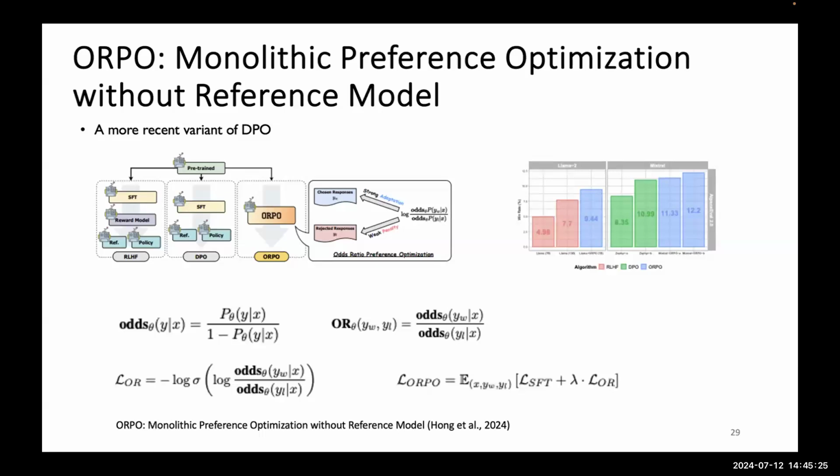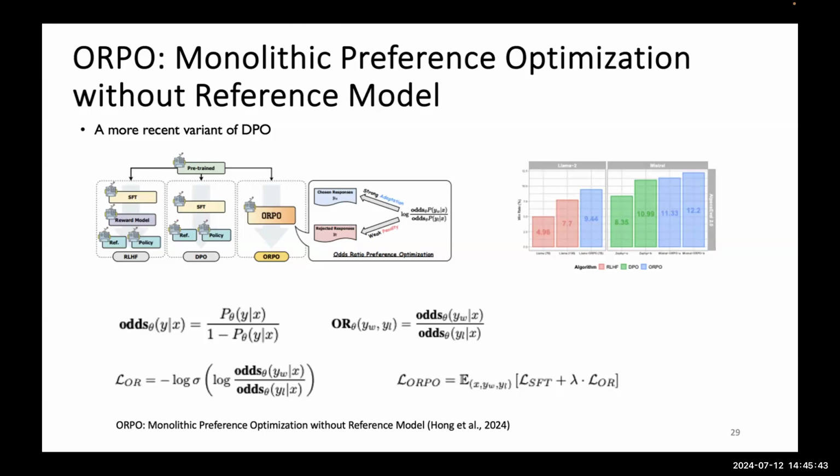The improvements are they have shown that you don't need an explicit supervised fine-tuning step, but a single training protocol can capture that and your alignment. And they also show that you don't need to keep an instance of the reference model.